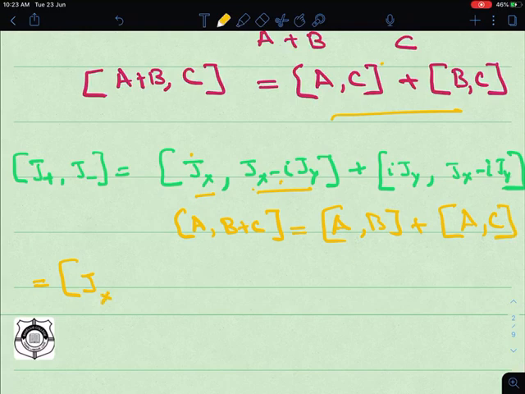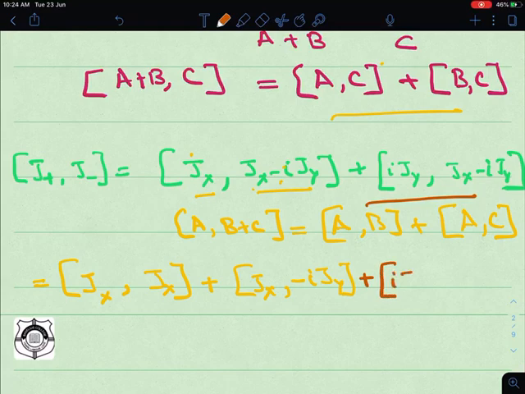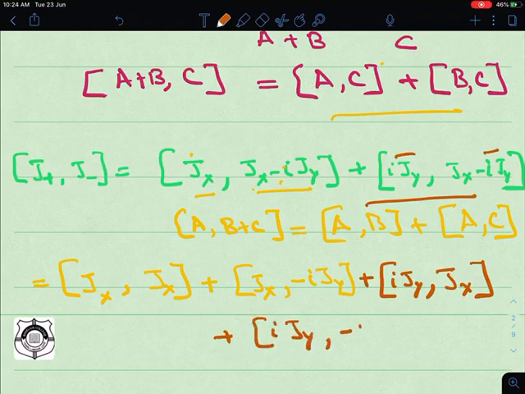So it is [Jx, Jx] plus [Jx, minus iJy]. Similarly, the second term is plus [iJy, Jx] plus [iJy, minus iJy].